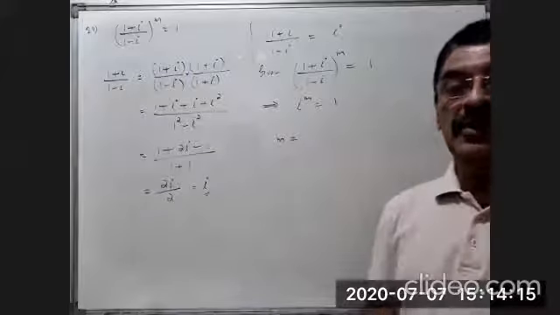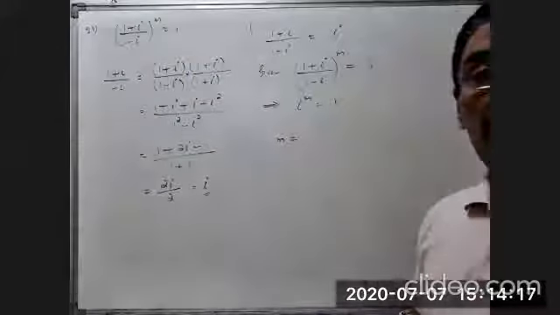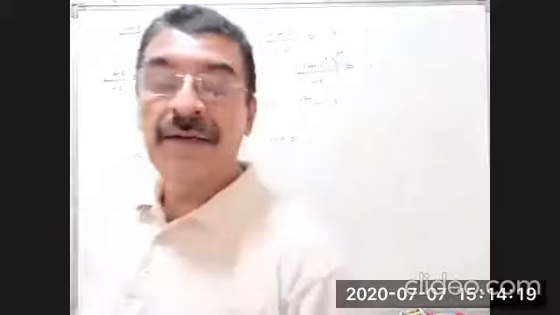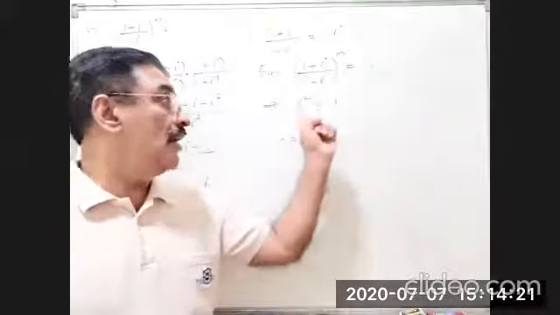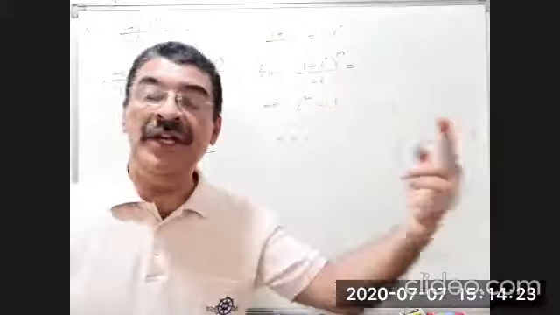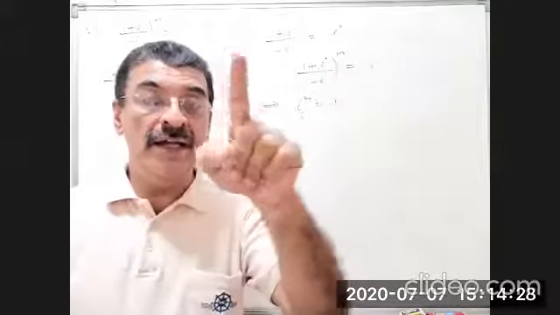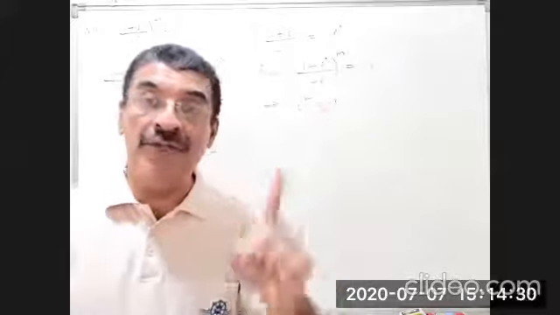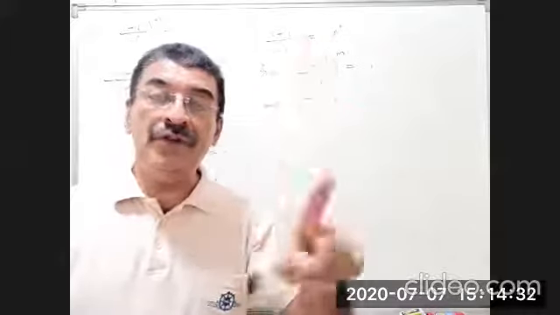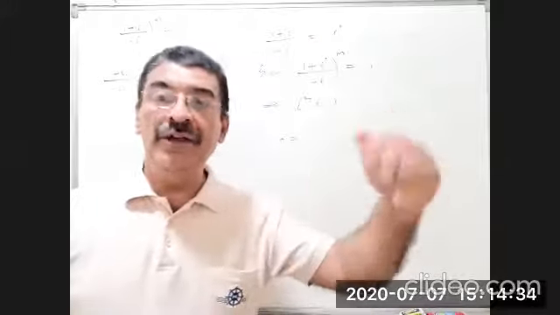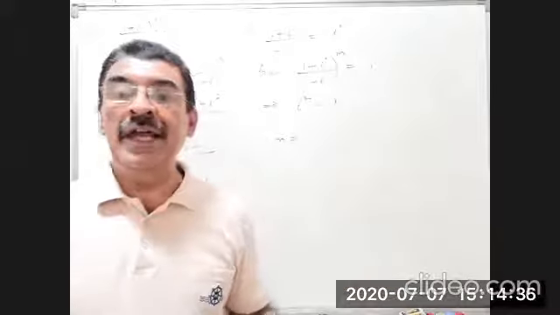Actually, i to which power is 1? It's a cycle. We said i square, i cube, i raised to 4. When it is i raised to 4, it will be 1. Again 5, 6, 7, 8: i raised to 8 is again 1.